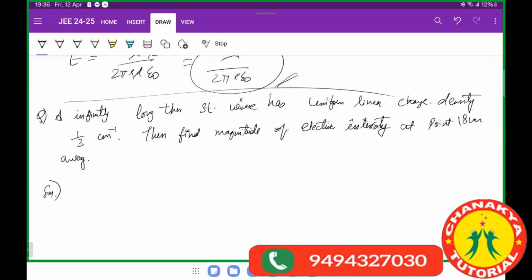Similar type, cylindrical one. So lambda is given here, 1/3.